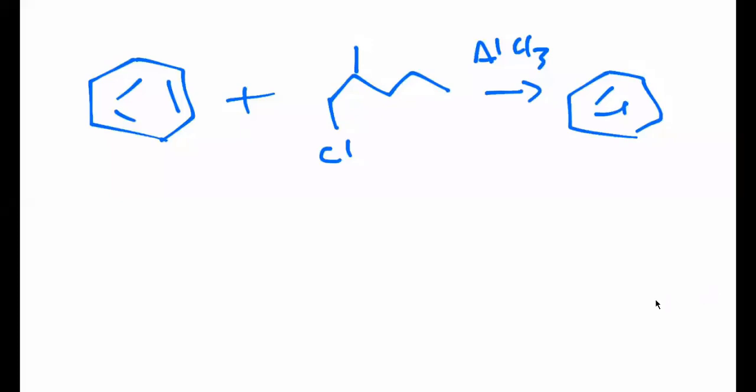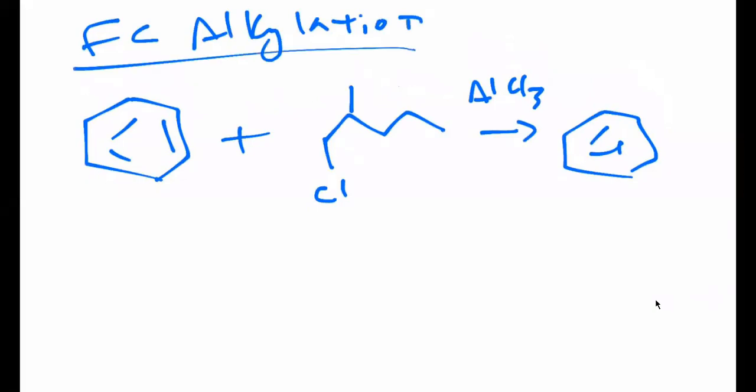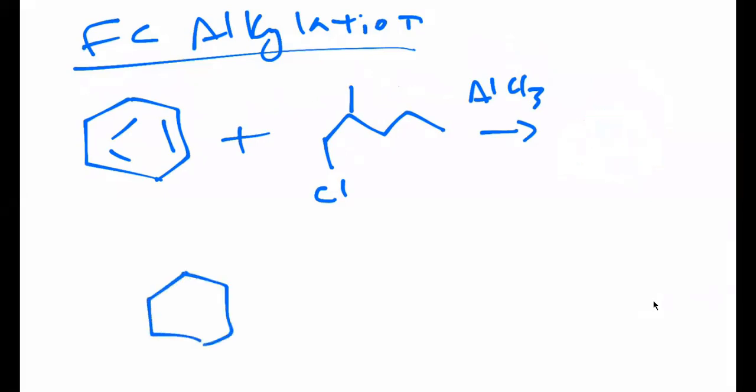All right. So with the Friedel-Crafts alkylation, let me just put that here. I'm adding the alkyl halide to my ring. And so with this particular reaction, I would expect to get, let me move this so I'll have room to draw the chain out, I would expect this as my product.